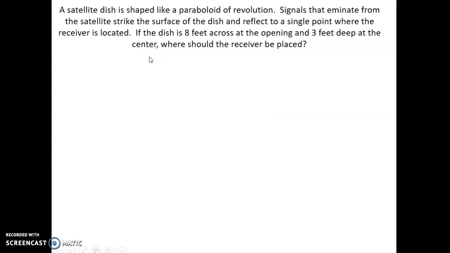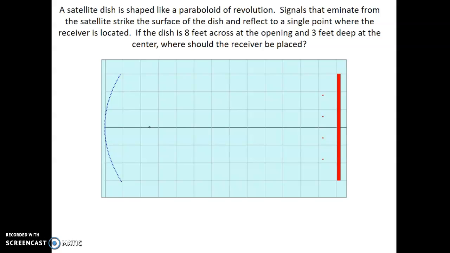So here's our question. A satellite dish is shaped like a paraboloid of revolution. Basically, it's a parabola. Signals that emanate from the satellite strike the surface of the dish and reflect to a single point where the receiver is located. So let's talk about that first. The red line is your satellite up in space. If you have DirecTV or Dish Network, you have some kind of dish on your house, side, roof, whatever.